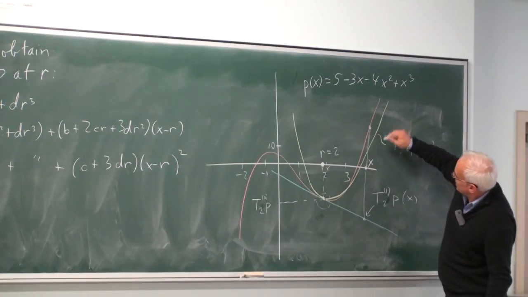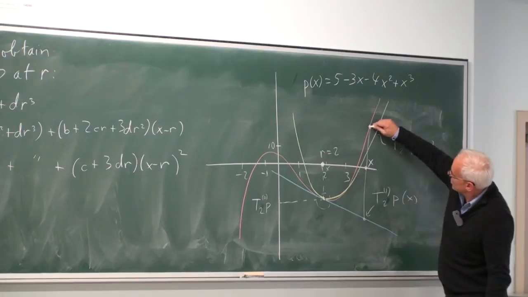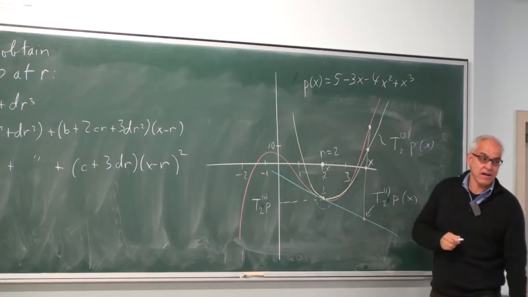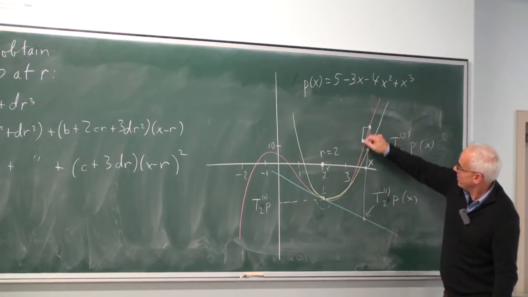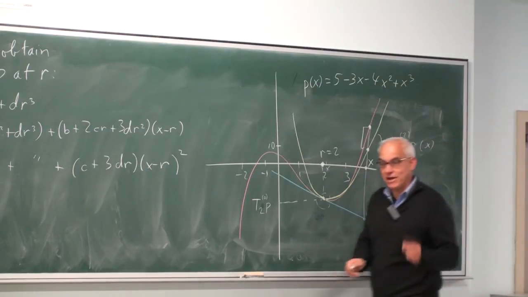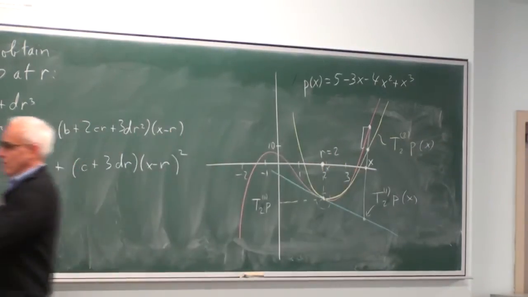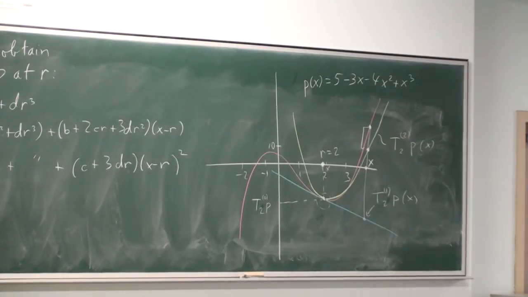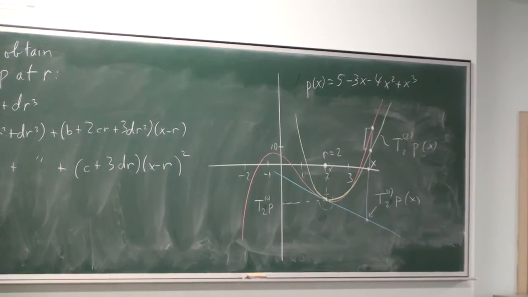And if we're interested in the difference between the function's value and the quadratic approximation, that difference there will be exactly the last term right here. That'll be d times (x minus r) cubed.